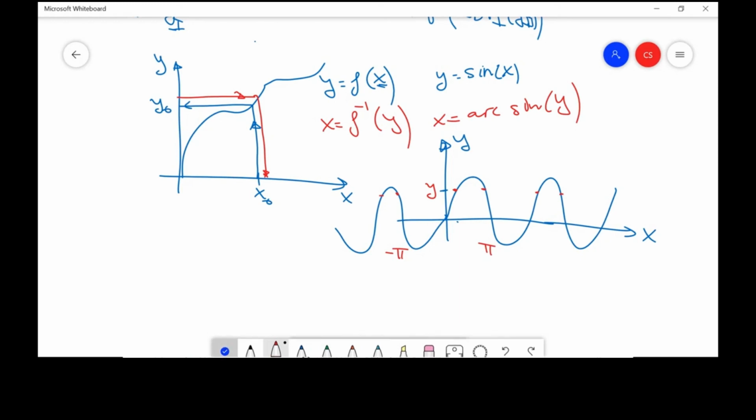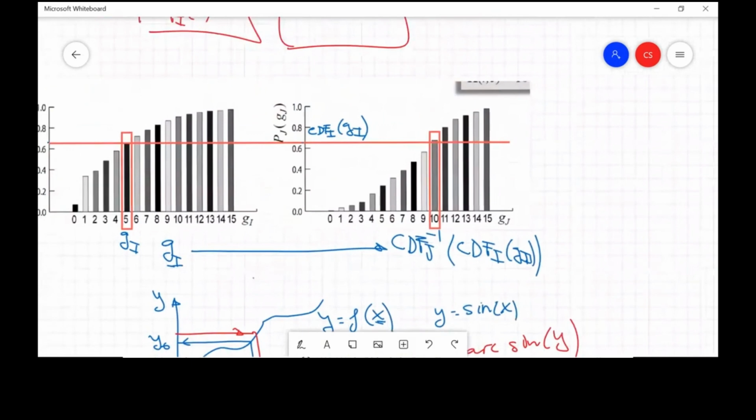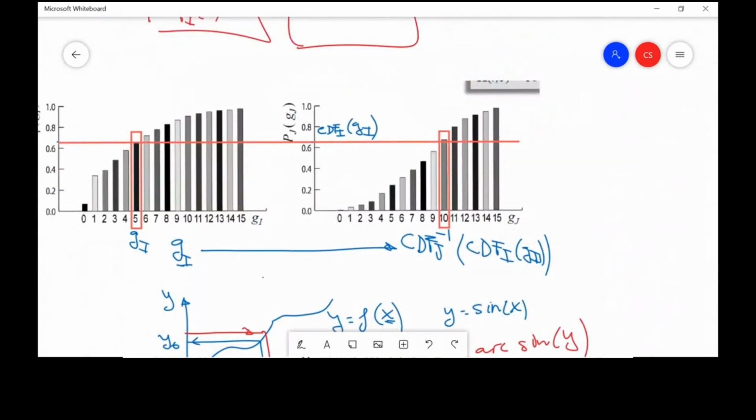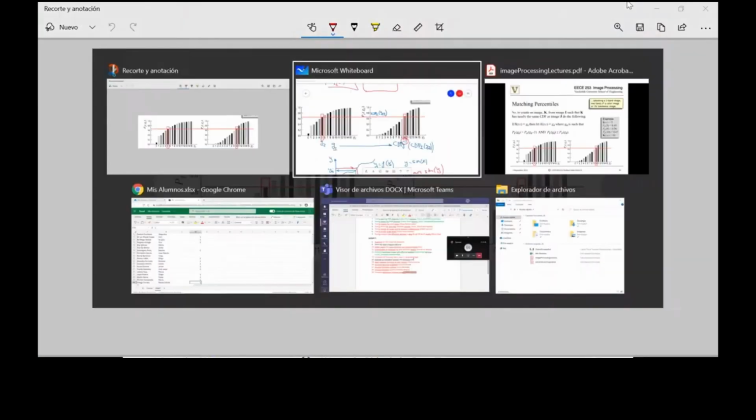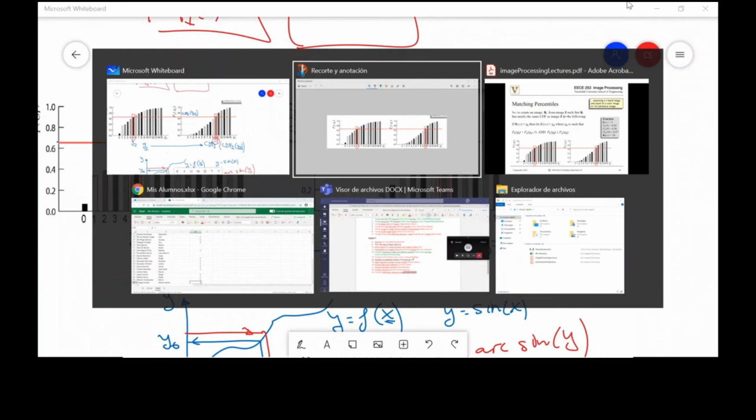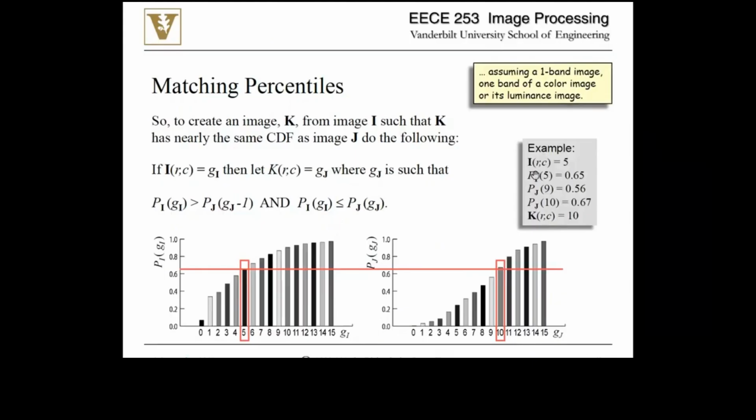So we come back to our CDF. This is what we are doing. I'm starting with the y, and I'm asking you for the x. So this expression here with the minus 1 is just going in the opposite direction. In the slides, for that particular slide, we didn't have this expression, but now we have constructed it.